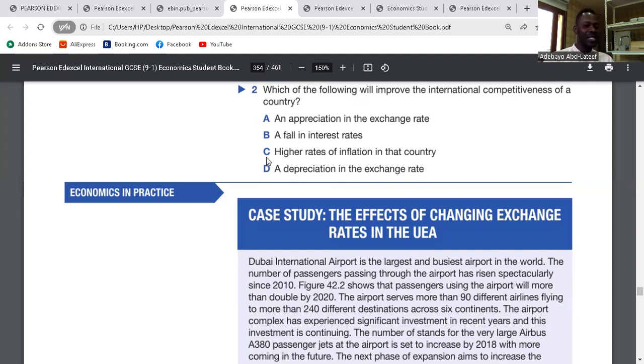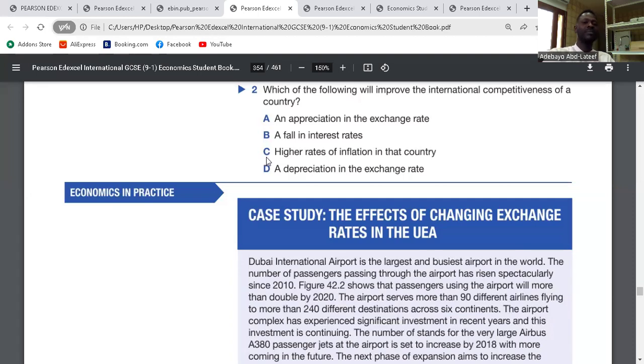So a fall in interest rates, bringing about a fall in the exchange rate, will reduce the prices of exports. Do you understand? But the first thing that happens when there is a fall in interest rates is that borrowing will increase and demand will increase. So it is not B.